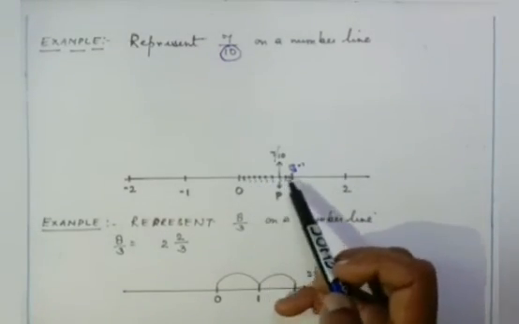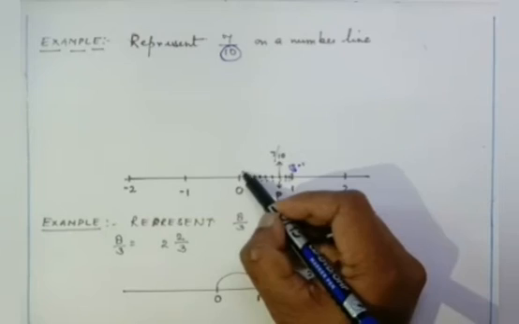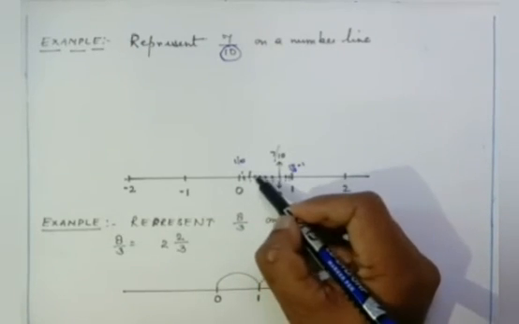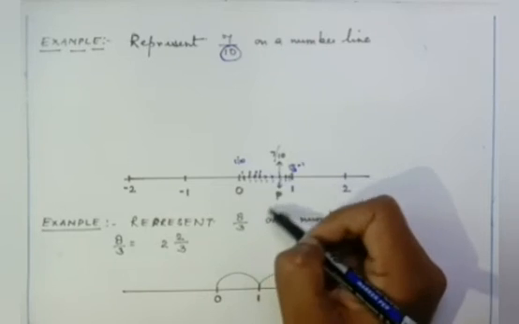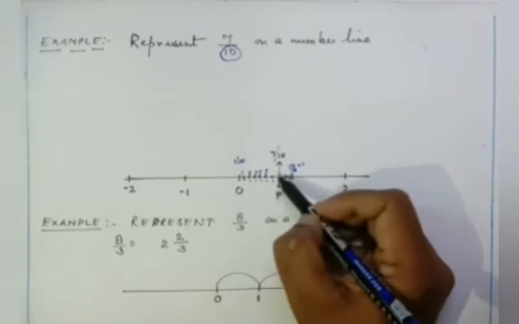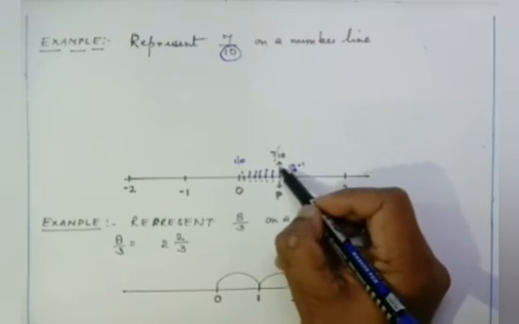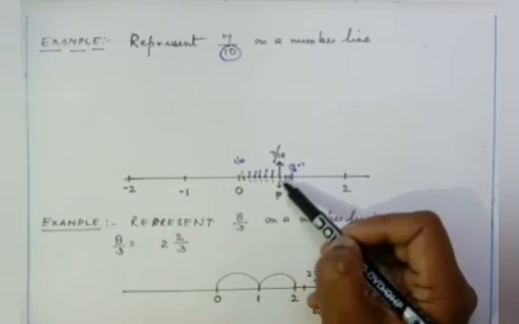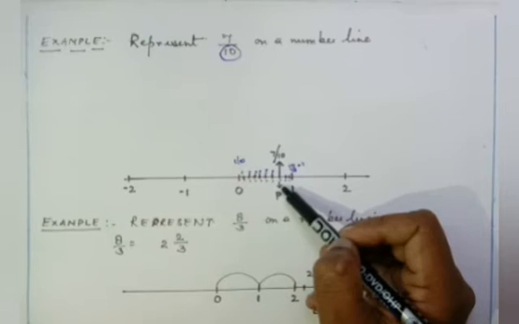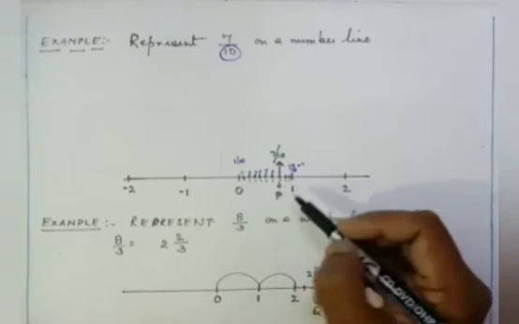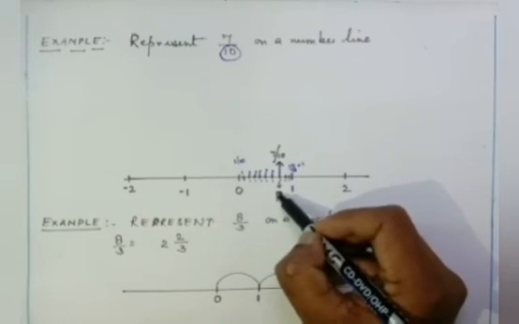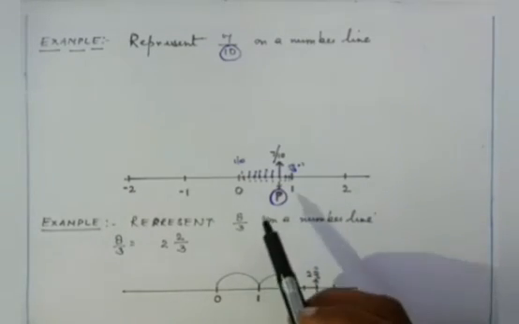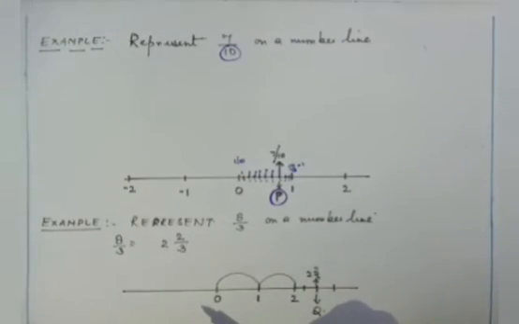After drawing 9 parts, this is 1 by 10, this is 2 by 10, this is 3 by 10, this is 4 by 10, this is 5 by 10, this is 6 by 10 and this is 7 by 10, which I have to represent on a number line. Now I am going to use an alphabet to represent this point. I hope it is clear to everyone.